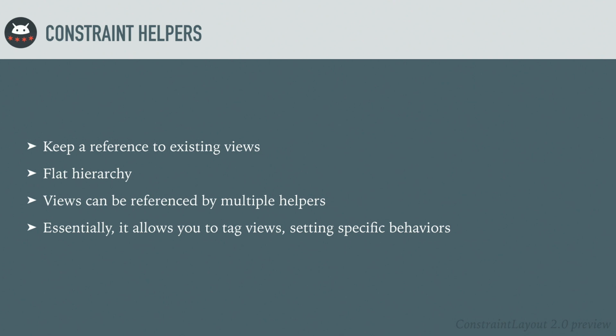And because a helper can have a behavior, you essentially can tag your views with behaviors. That's the reason why people are using tags on Gmail or whatever versus having a very strict hierarchical system. Having tags allows you to essentially mix and match stuff rather than having to create the entire set of possibilities.